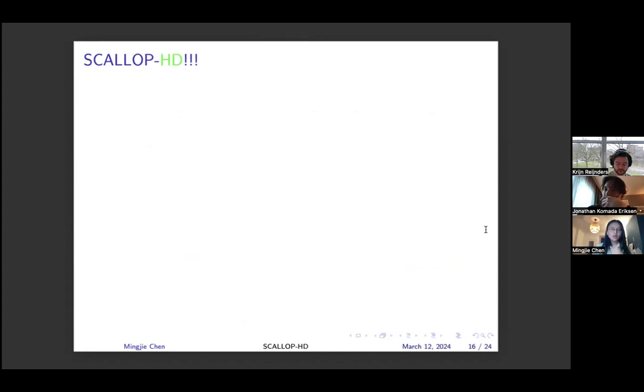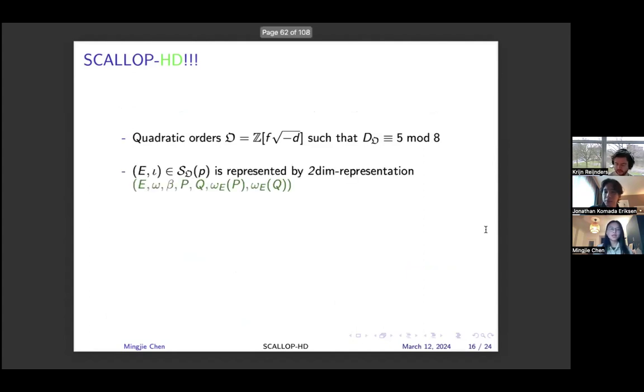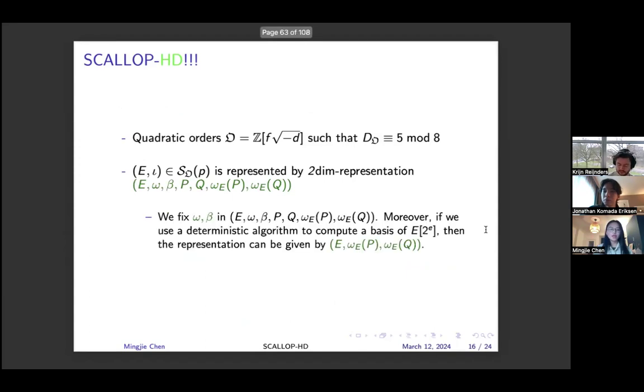So now we are ready to present SCALLOP-HD. The quadratic order we use is the same as in SCALLOP, Z adjoining f times square root of negative d. But we have one extra constraint, which is that the discriminant is congruent to 5 modulo 8. And our oriented curves are represented by the 2D representation that we just defined.